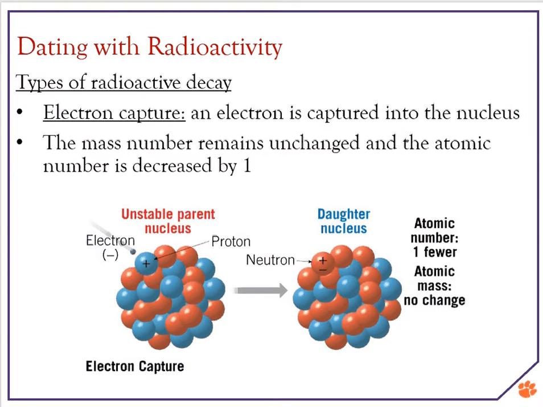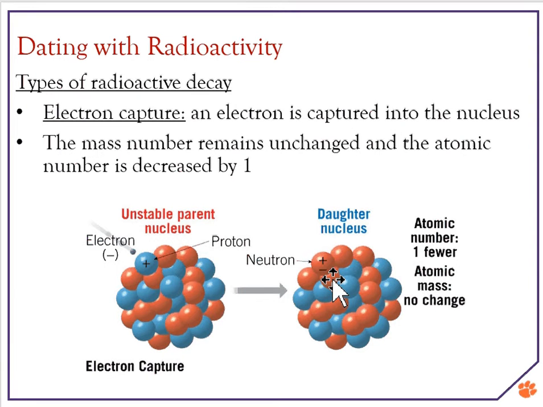The third type of radioactive decay is electron capture. In this case, an electron is going to be captured into the nucleus. Here again, we have our unstable parent nucleus, and we have a proton. When this proton gets a negative charge from this additional electron captured by the nucleus, it is going to become neutral, so it actually transforms itself into a neutron.